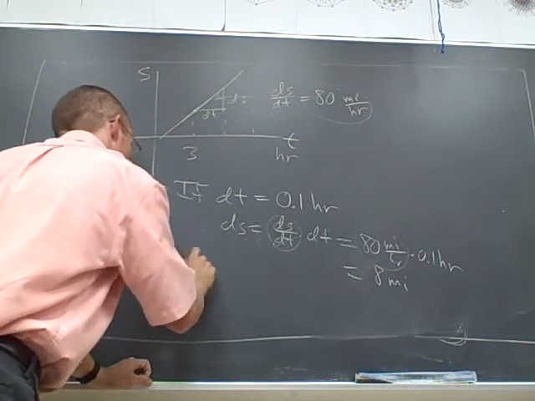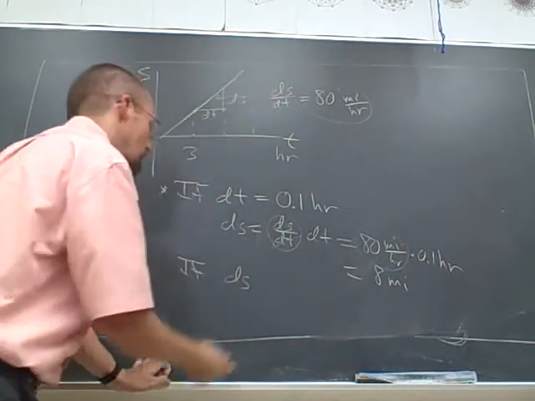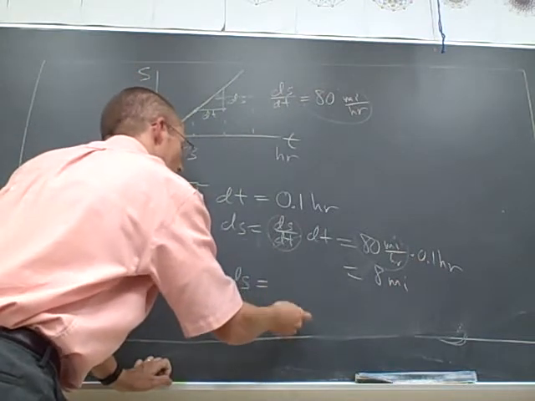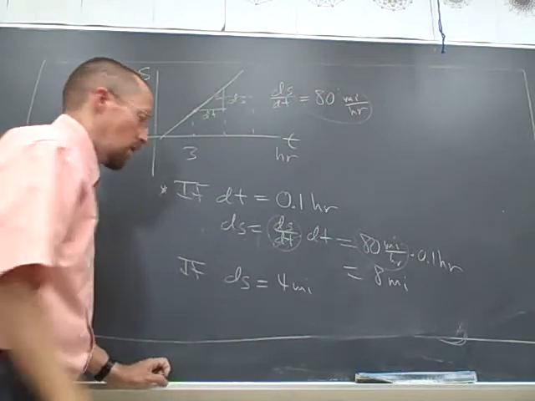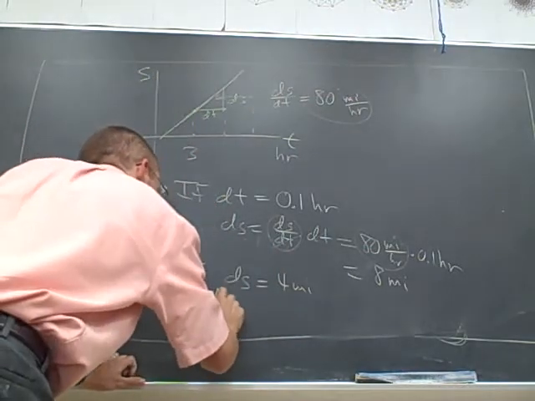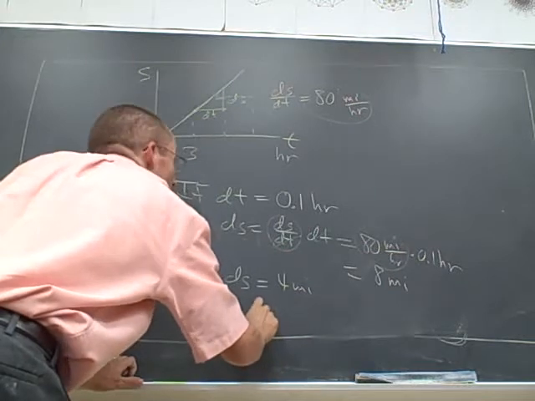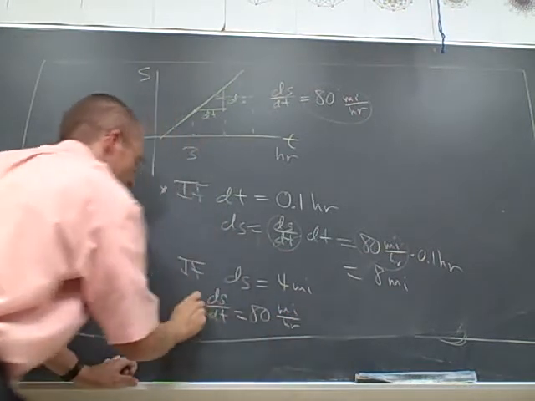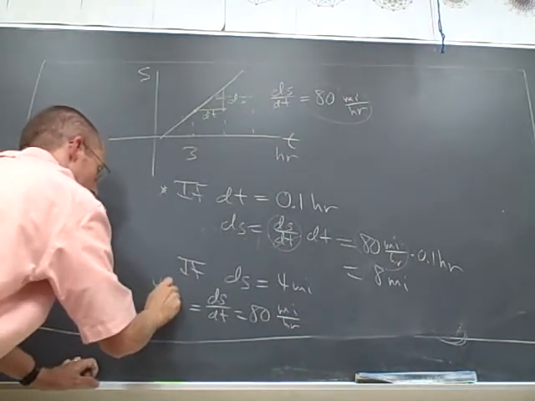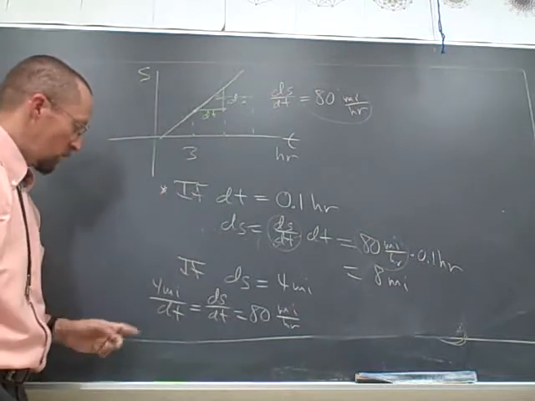What about, suppose I want to know how long it's going to take him to go an additional 4 miles? Then again, ds/dt equals 80 miles per hour, and I'm just going to plug in 4 miles for ds, just like I did in the original one on the board previously.